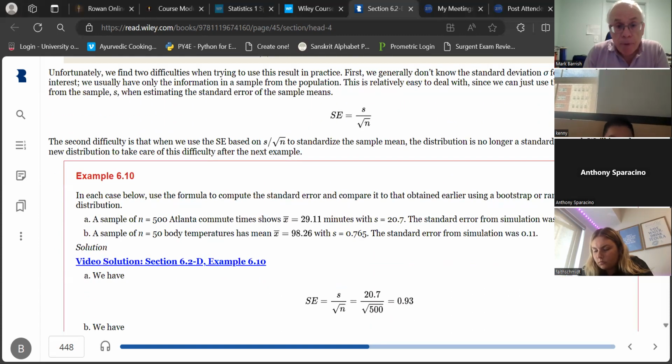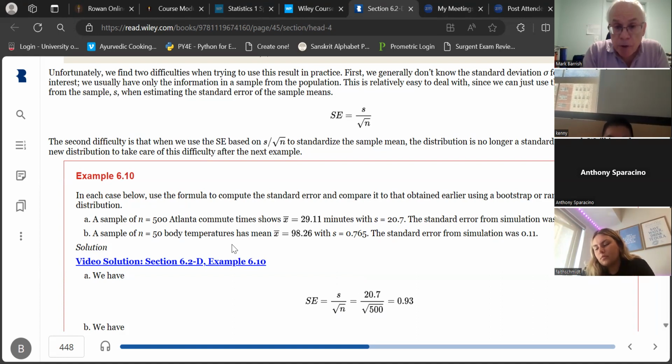Okay, so we're just giving an example here of how to use it. We're not going to use bootstrap or randomization. We're going to use the formula. So let's look at example 6.10, part A. The sample size N is 500. These are Atlanta commute times. The average of the 500 participants in the survey is 29.11 minutes, and the standard deviation is 20.7 minutes.